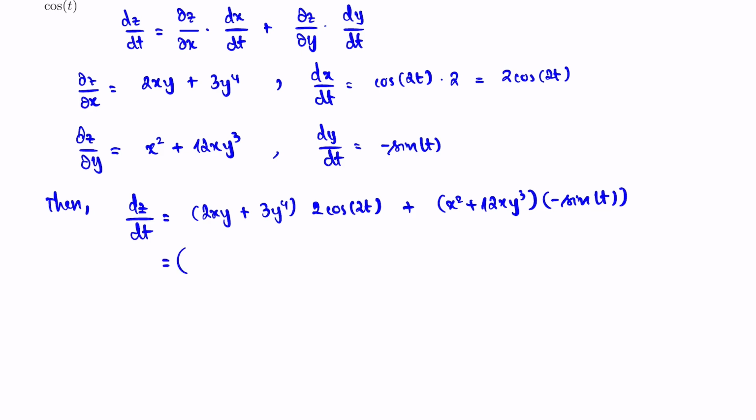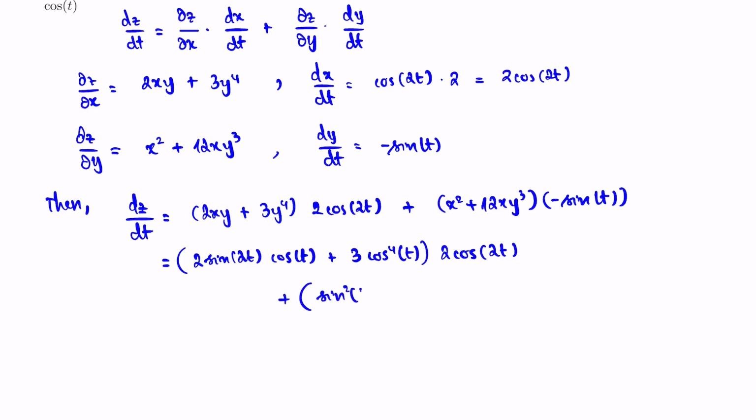So we get 2 times sine of 2t times cosine of t plus 3 times cosine to the 4th of t, times 2 cosine of 2t, plus sine squared of 2t plus 12 times sine of 2t times cosine to the 3rd power of t, and then multiply with negative sine of t.